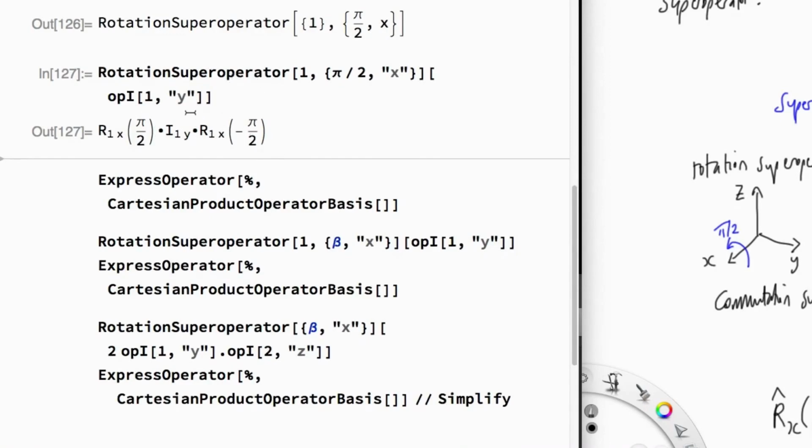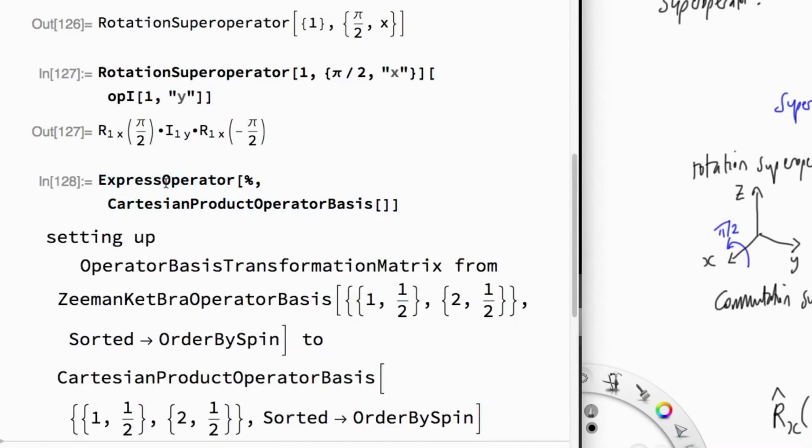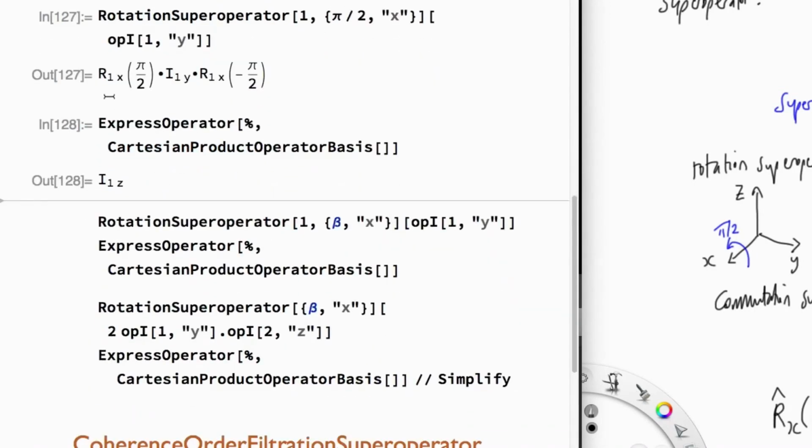There's a routine available in SpinDynamica for expressing a particular operator in a convenient way. This expresses the result of the last calculation using Cartesian product operators, and we see that the result here is Iz.